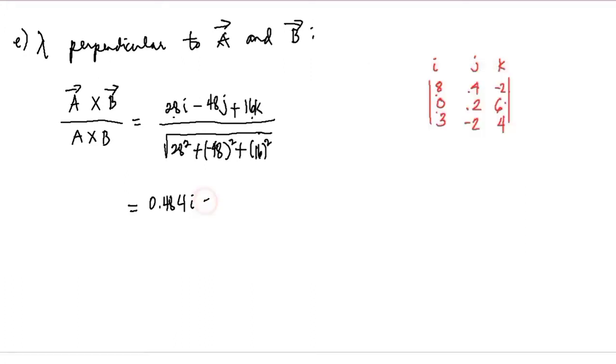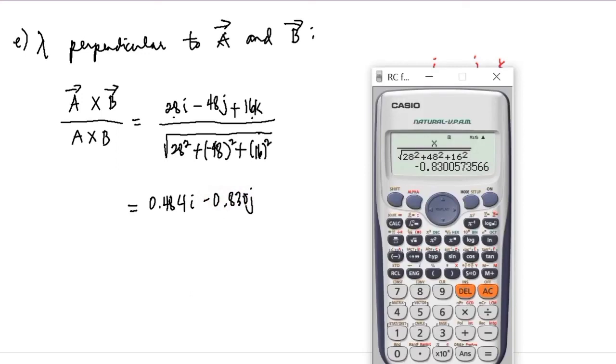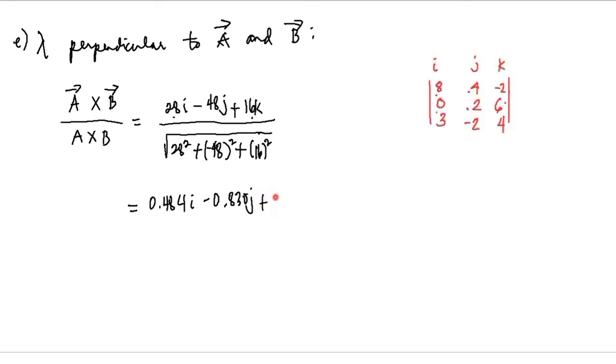So we have here minus 0.83j. And for the last, calc 16. And that is 0.277k. So we have here plus 0.277k.